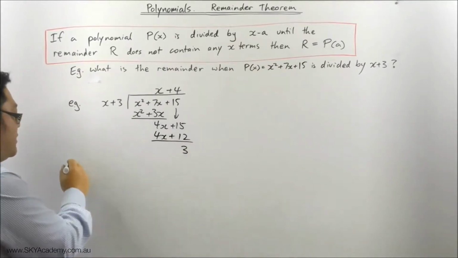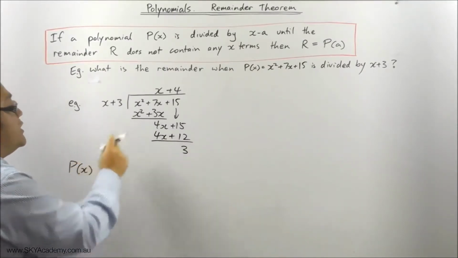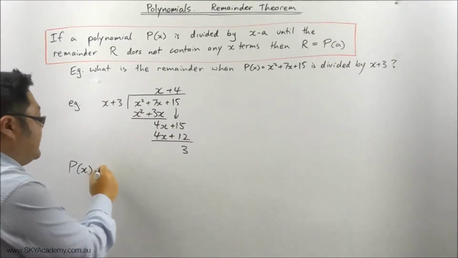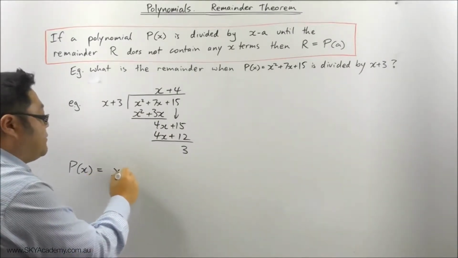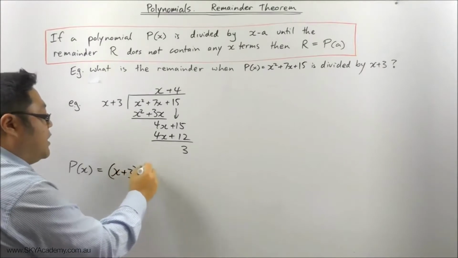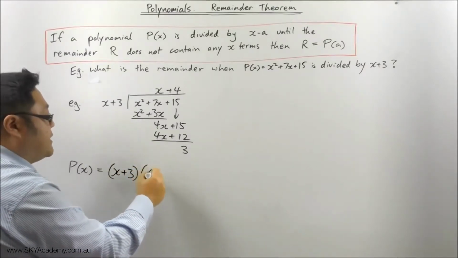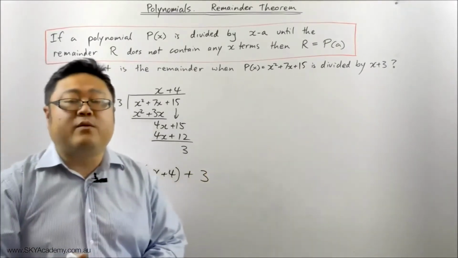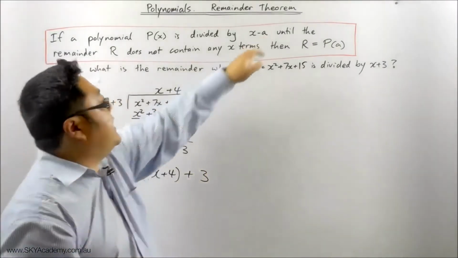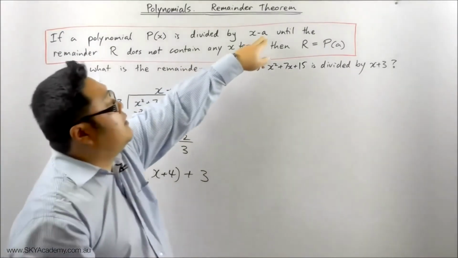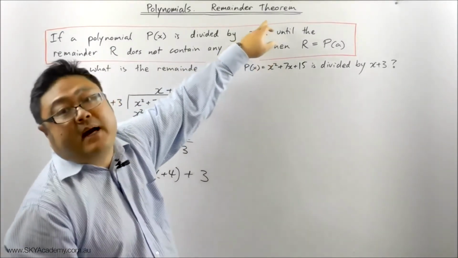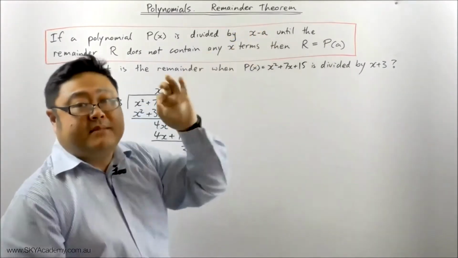So in other words, your p of x, which is x squared plus 7x plus 15, is going to be equal to x plus 3 times your quotient, which is x plus 4, plus your remainder, which is 3. Now, the way the remainder theorem works, in this case, if you substitute a for x, which is minus 3, what does that divisor then become? The divisor then becomes 0.